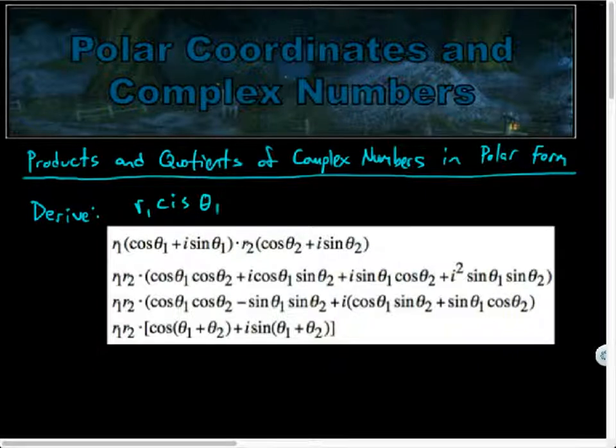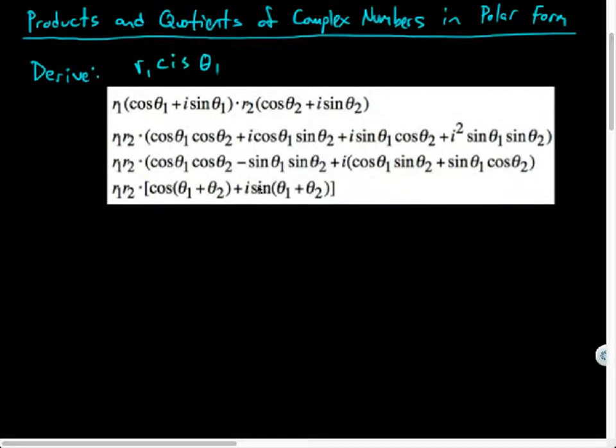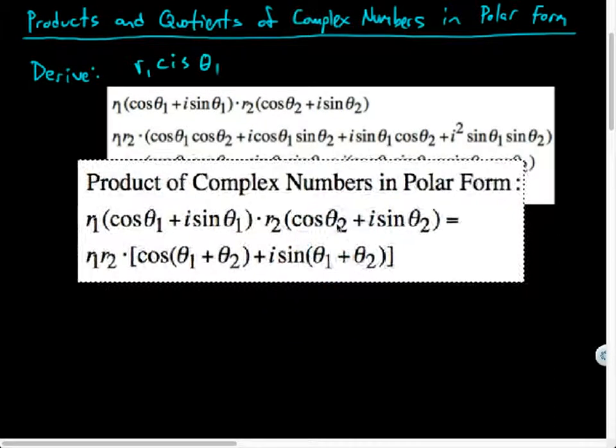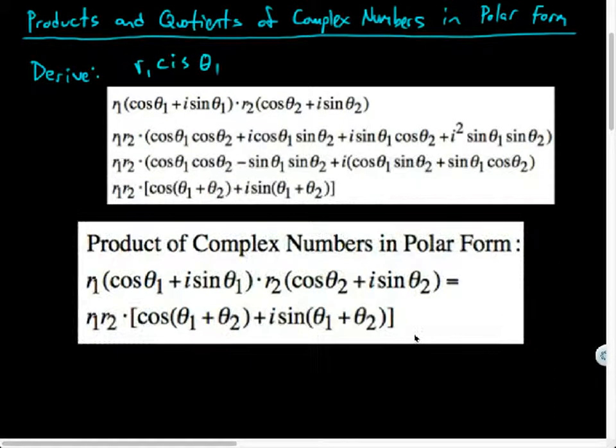So more officially, if you want it, this is what it would look like. Let's see. Oh, I'm opening Excel accidentally. That's just fine, though. Let's paste this. And here we go. So the product of complex numbers in polar form, if I'm multiplying two of them, where I've got r1 theta 1 and r2 theta 2, you multiply r1 and r2 to find your modulus, or the distance from the origin to your point, graphically speaking.